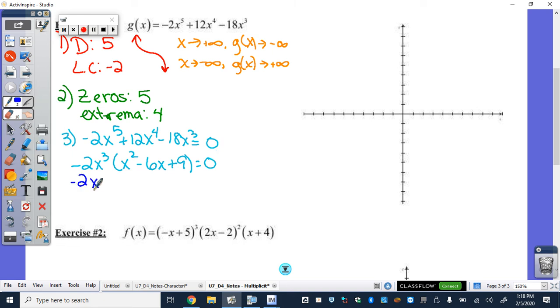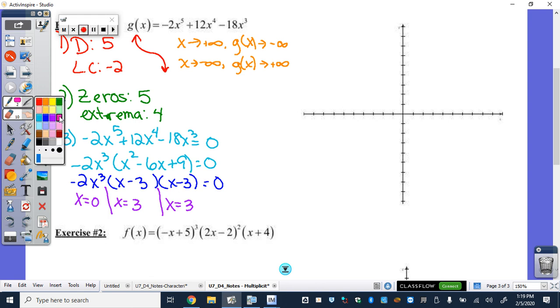Yes, it does. So what does that trinomial factor into? X minus 3, x minus 3. So we get 0, and then 3, and then 3. Those are our 3 zeros. Of course, 0 is there how many times? 3 times.